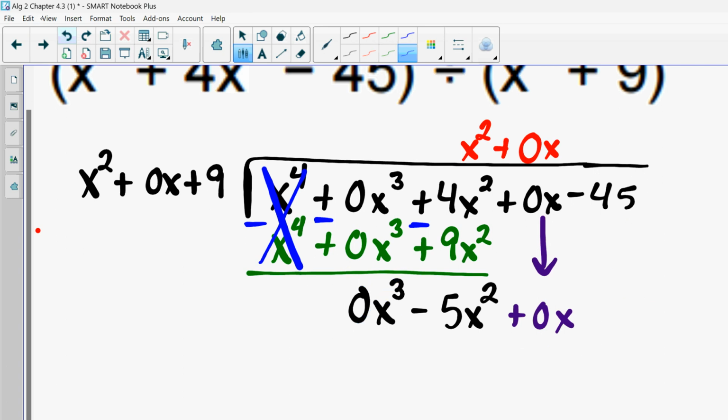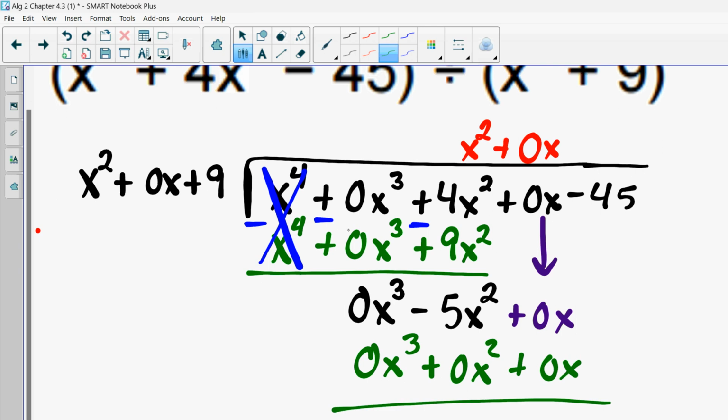Now if I'd have continued more with this and we'd have said 0x cubed plus 0x squared plus 0x and did our subtraction like we've been doing, 0x cubed minus 0x cubed, that is indeed 0. Negative 5x squared minus 0x squared is negative 5x squared. 0x minus 0x is plus 0x.